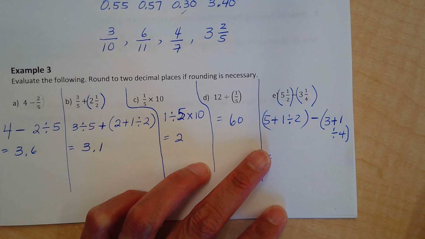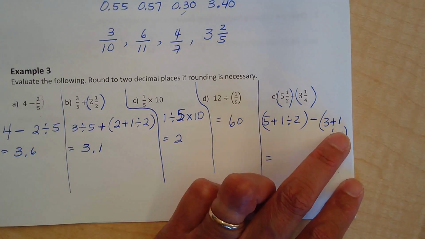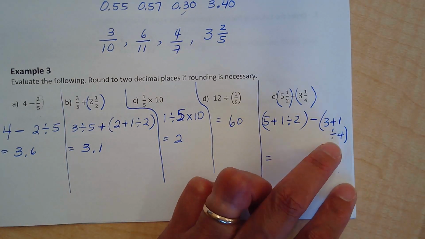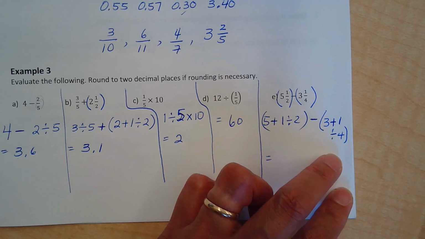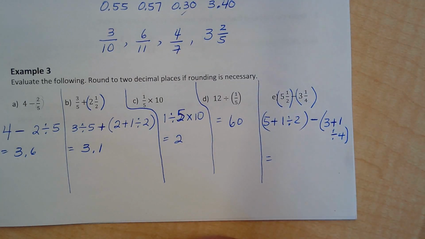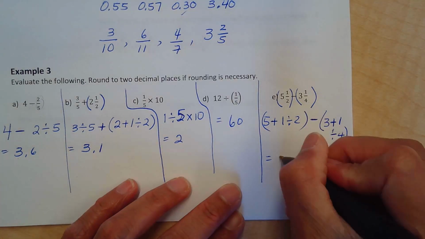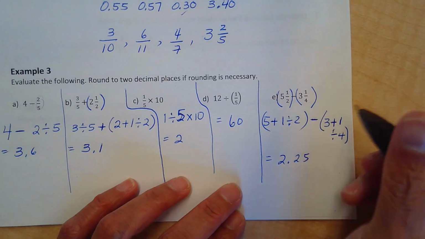Five and 1 divided by 2, minus 3 plus 1 divided by 4. What did you get? I got 2.225? Yeah. The second one. 2.25. Let's give that a try again.